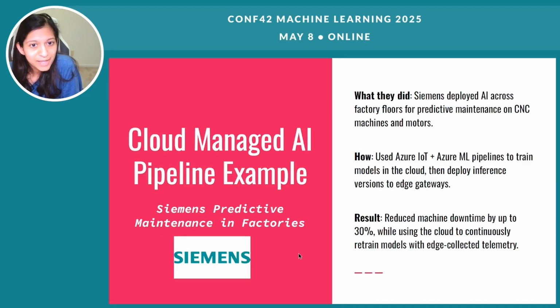Let's go to the last example, which is the cloud-managed AI pipeline. Siemens used AI for predictive maintenance in their factories. They deployed AI across factory floors, so whenever machines were about to go down, or even before getting to that state, they were able to predict it.